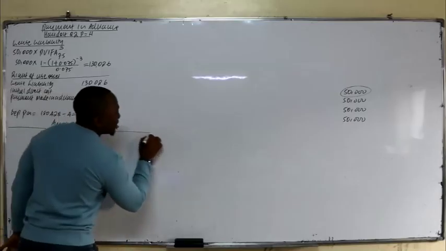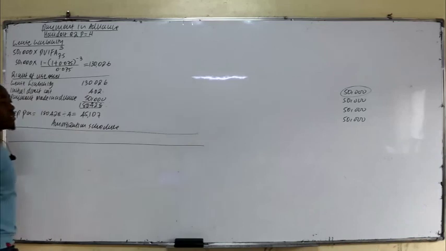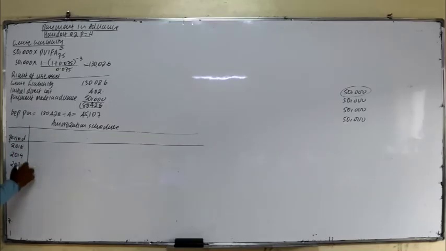Now, when amortizing and the payment is made in advance, the amortization schedule format will change. So here you have the period. Here we list on 1st of January 2018, so we have 2018, 2019, 2020, 2021. So you'll have the balance brought down.